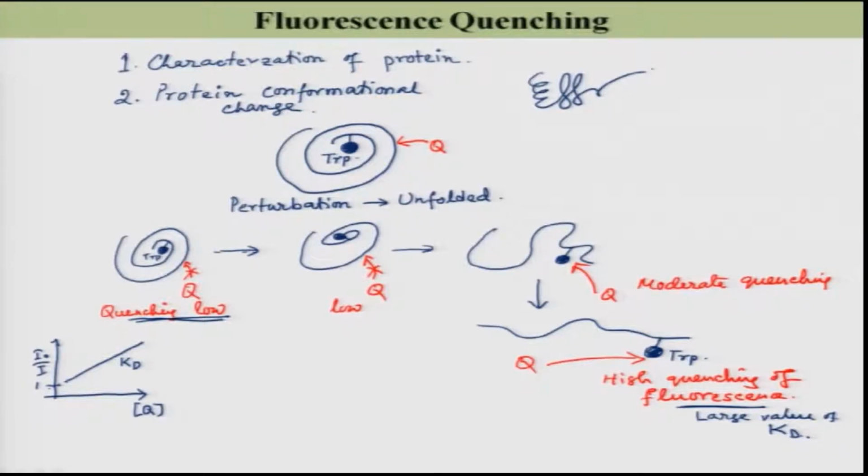Now, if I plot the observed Kd value as a function of this perturbation, if it is the temperature, then I can simply plot the measured Kd value as a function of temperature. Here temperature is my perturbation, it could be other things also. Then what I am going to see is that the Kd value was really small initially, where the temperature is lower.